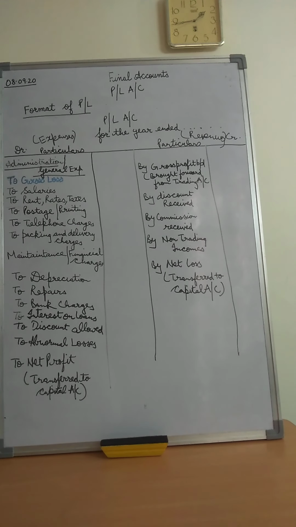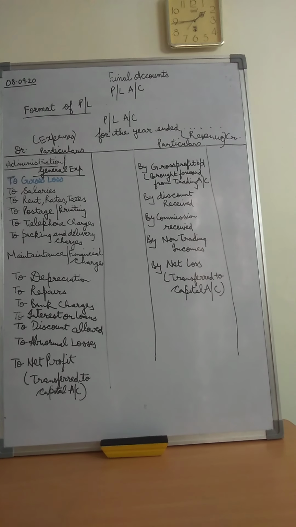This will include the discount received, the commission received, any kind of non-trading incomes, that is interest or dividend or rent received. All that will be included in the P&L account on the credit side because they are indirect revenues.